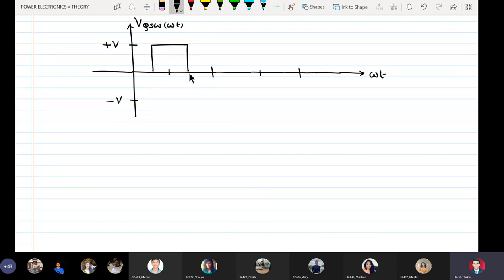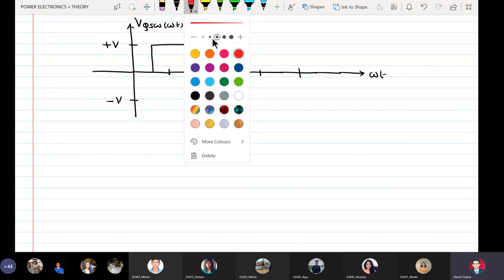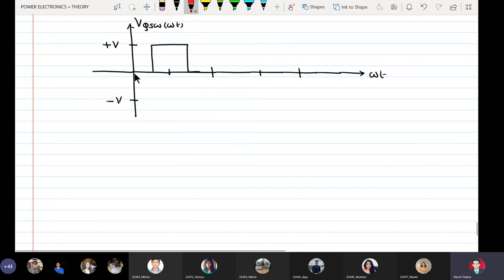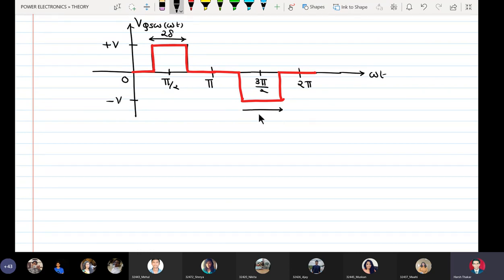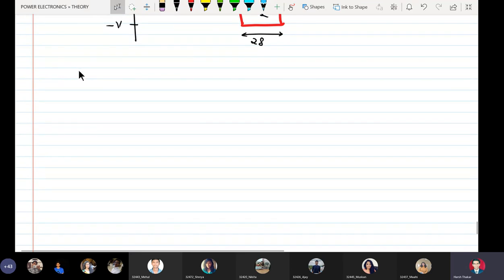So it goes like this, and again like this. 0, pi by 2, pi, 3 pi by 2, 2 pi, 2 delta and 2 delta. Okay.